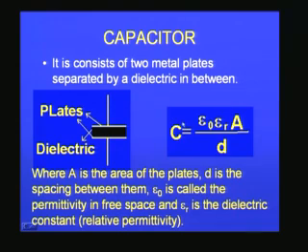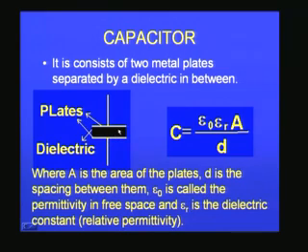The value of capacitance, these things you would have studied in our earlier classes, is given by epsilon 0 epsilon r A by d, where A is the area of the capacitor, d is the distance of separation between the two plates, and epsilon 0 and epsilon r are constants. Epsilon 0 is called the permittivity of free space, and epsilon r is the dielectric constant or the relative permittivity of the medium.